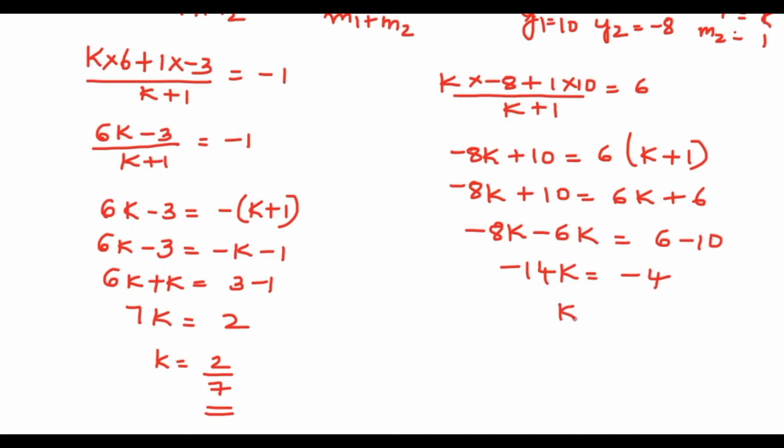So k equal to -4 divided by -14. So in this case also you will get the same answer. So the ratio is 2:7.